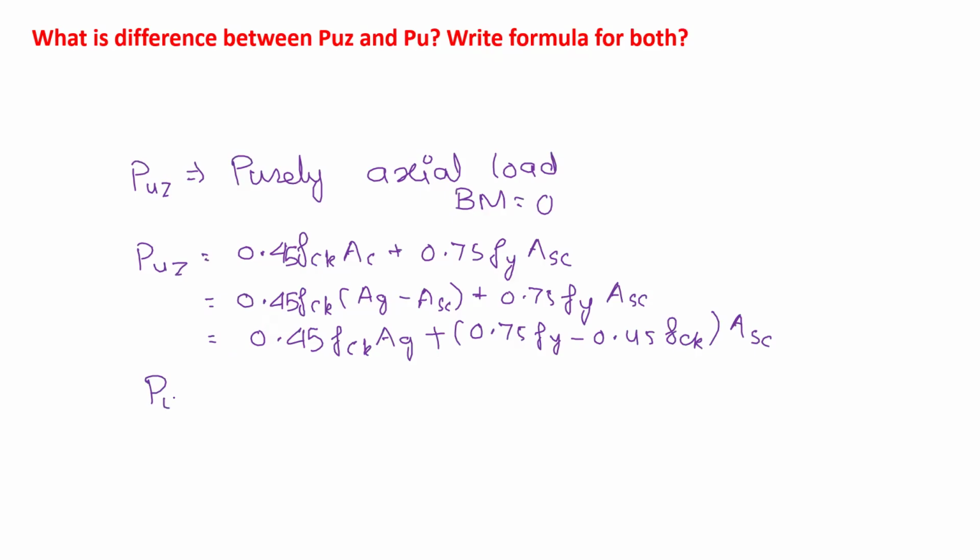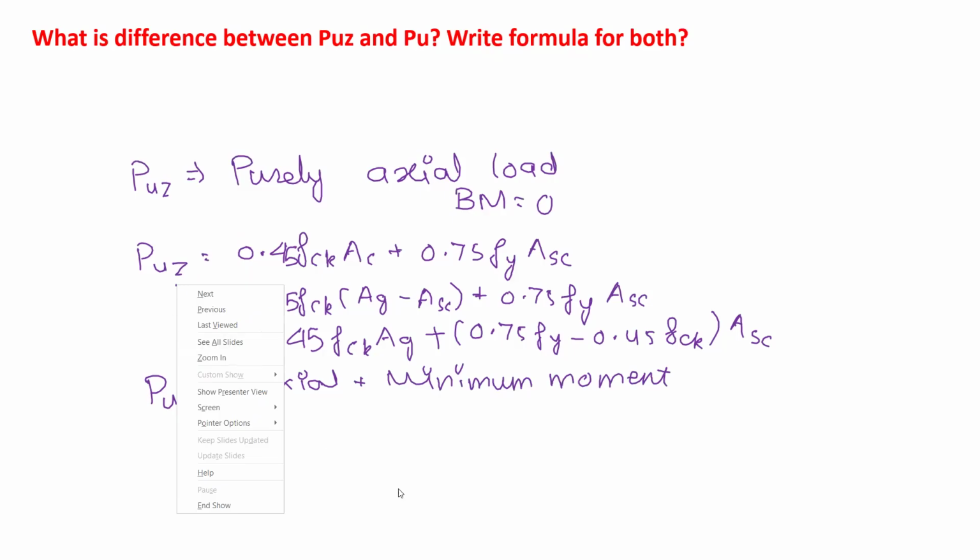If we go with PU, this is axial load plus minimum moment, with minimum eccentricity 0.05D or likewise. With minimum moment, the value of PUZ is decreased to consider the stresses due to moment, and that decrease of load capacity is 11%.